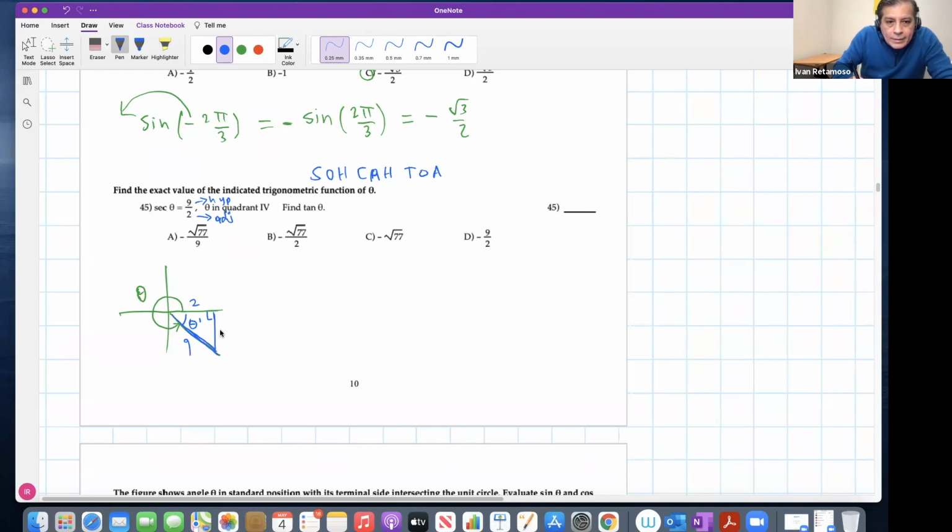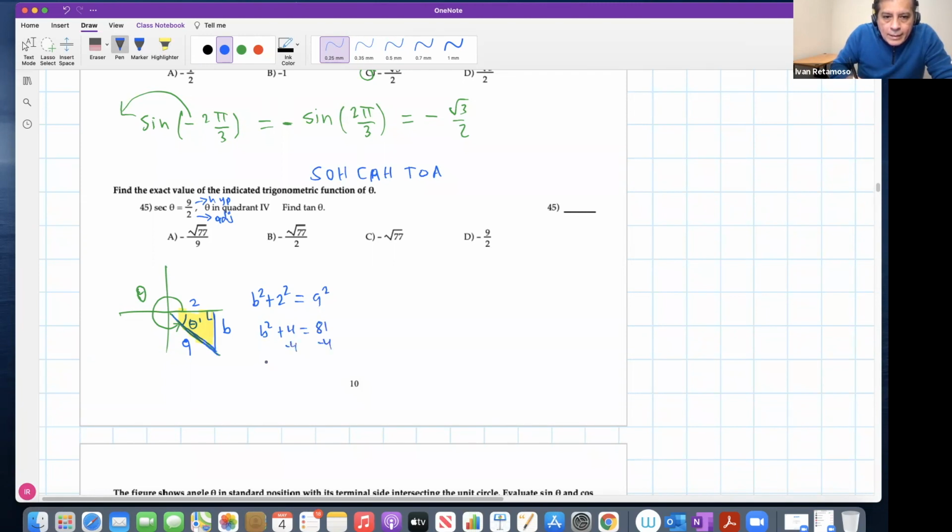We don't know this guy, call it B, for example, right? We will find out what B is by applying the theorem of Pythagoras, right? B squared plus 2 squared in this triangle is giving me what? Well, let's see. This triangle is giving me 9 squared, right? Okay, great. So now B squared plus 4 equals 9 squared, 81.